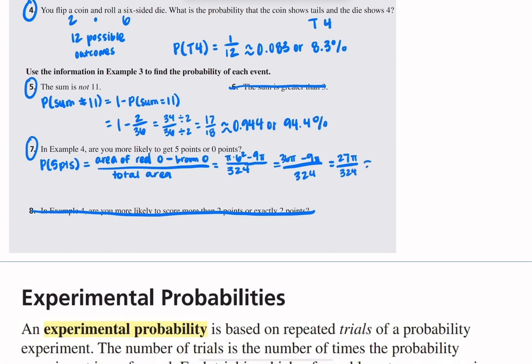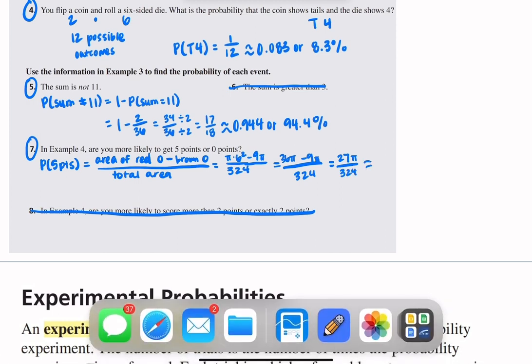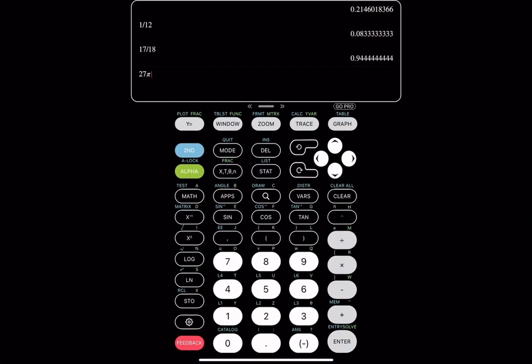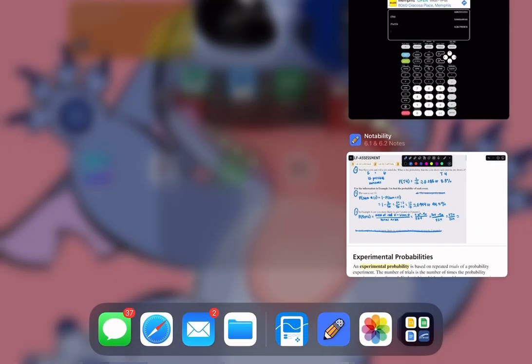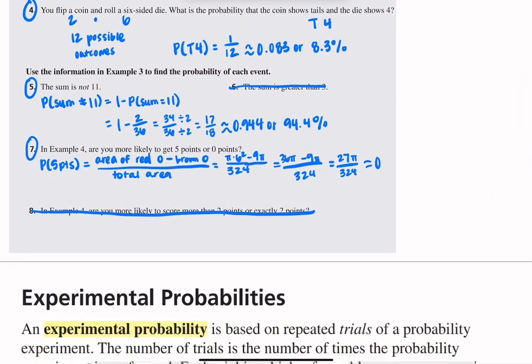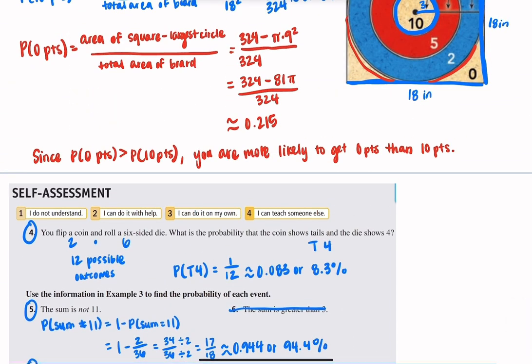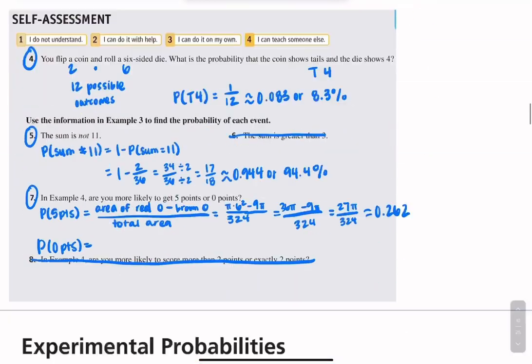So 36 minus 9 is 27. And then I'm going to use a calculator. So 27 pi over 324, about 0.262. Okay, and then we'll find the probability of 0 points, which we already found right here, it's 0.215.